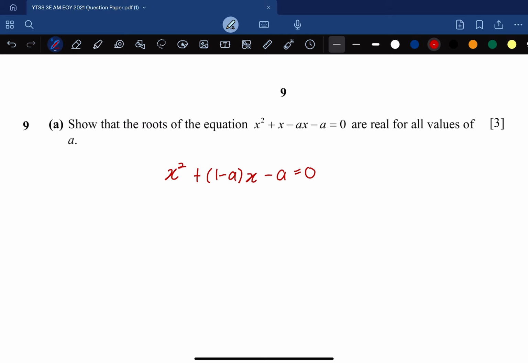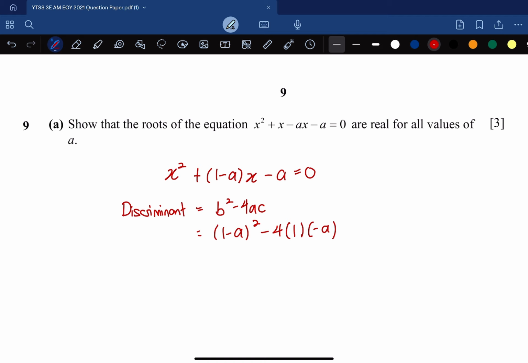So let's find the discriminant, and therefore we have to show that the discriminant is always greater than or equal to 0. So the discriminant is simply b squared minus 4ac, and in this case it's (1 minus a) squared minus 4 times 1 times negative a.